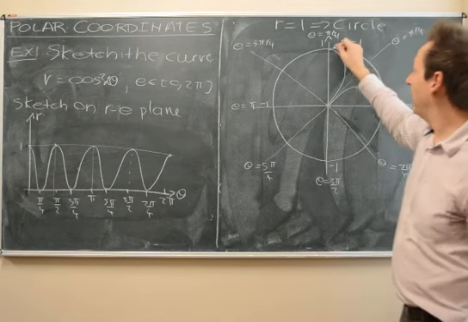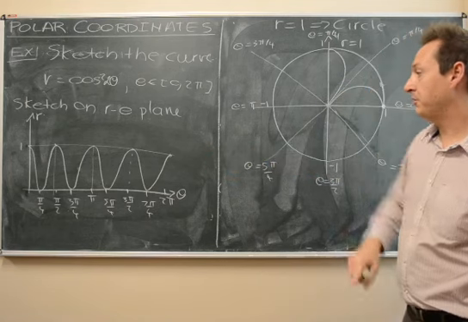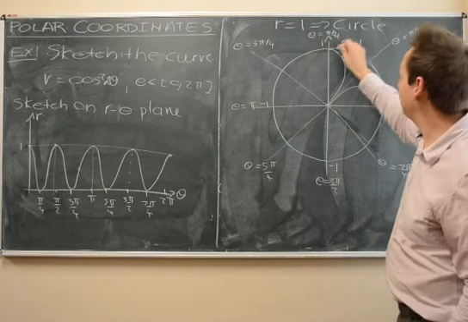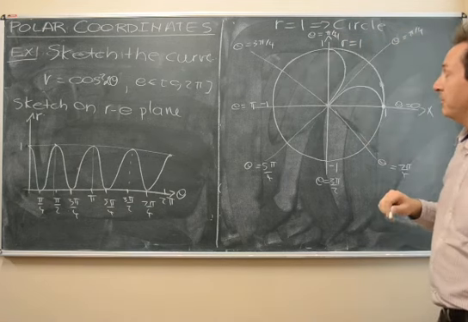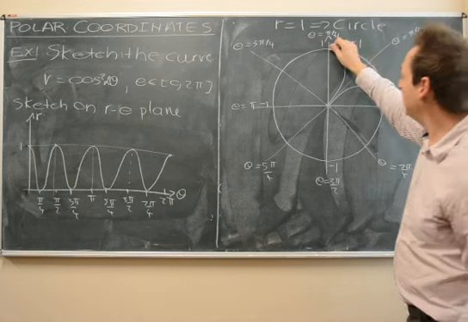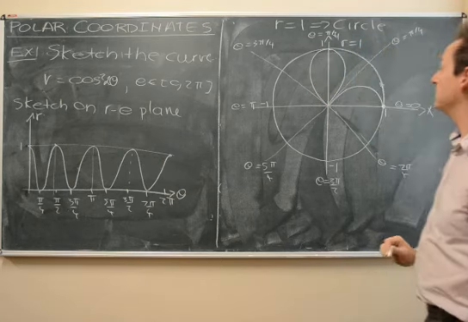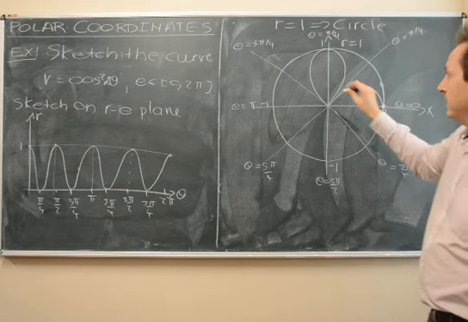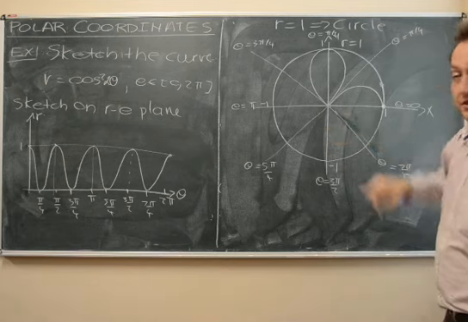And now we decrease again, from theta equals pi over 2 to theta equals 3 pi over 4, r decreases again. So we do that.